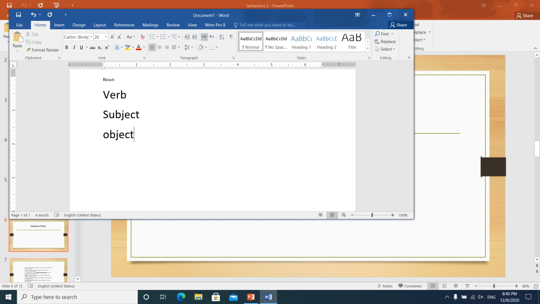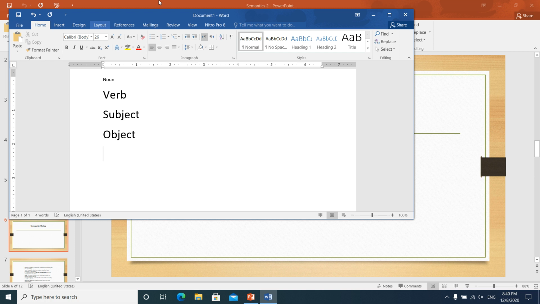But these are in grammar. In grammar we use this terminology. But in semantics, the terminology is different. We are after the roles played by the items of the sentence, by the elements of the sentence.